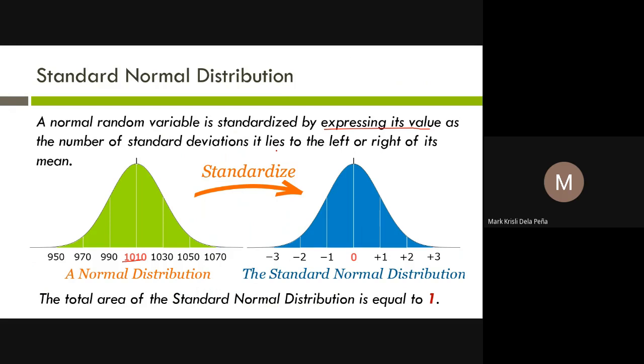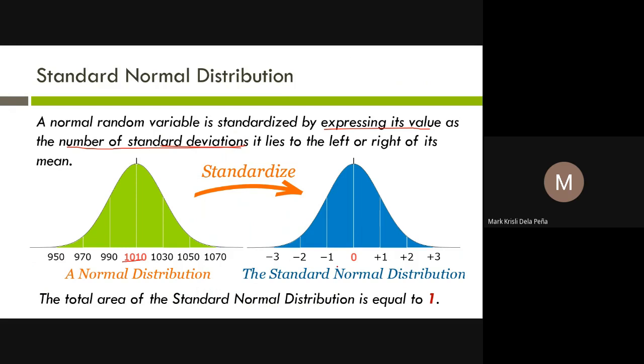So meaning, if we will standardize these values, 950, 970, 990, in standardizing these values, we are actually calculating how far away these are from our mean. This is the number of how many standard deviations these values are away from the mean.